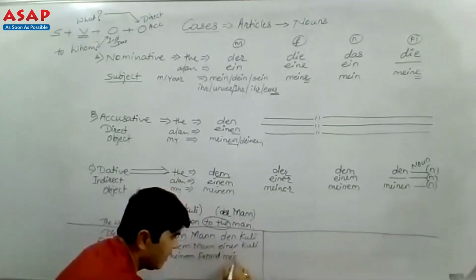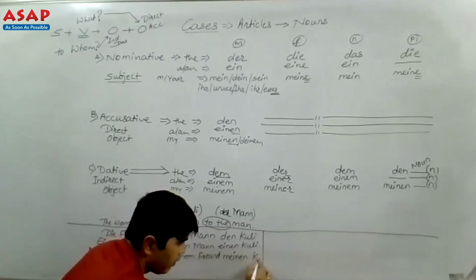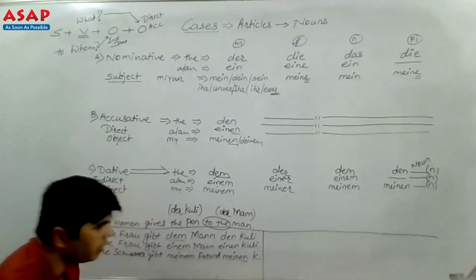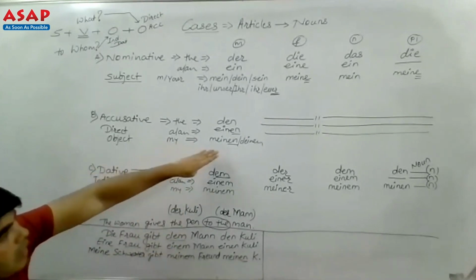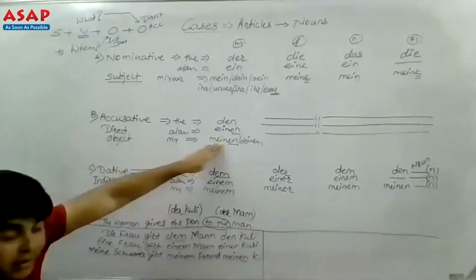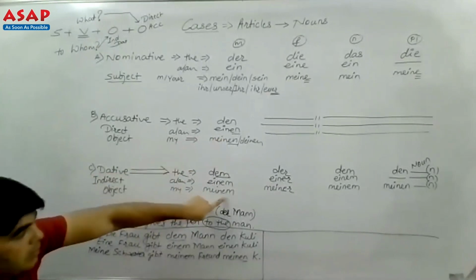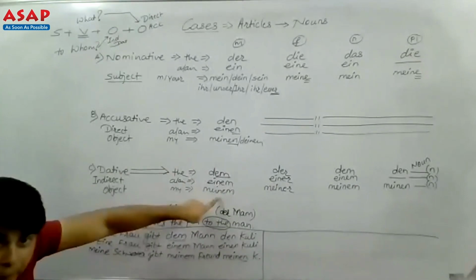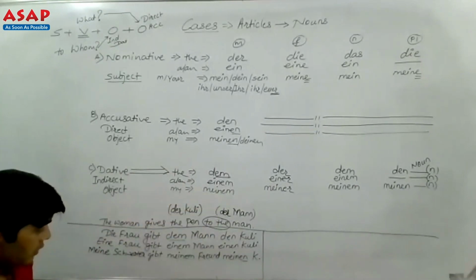Meinen Kuli, right? So here you have used Kuli, that is masculine, and it is accusative, so meinen. And then friend is masculine in dative, to whom. That's why it is meinem, right?